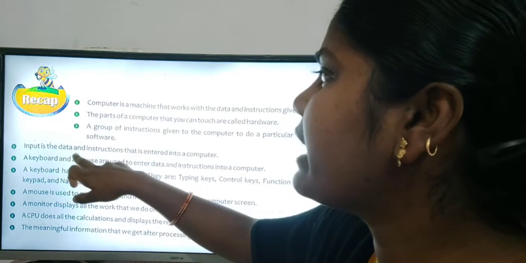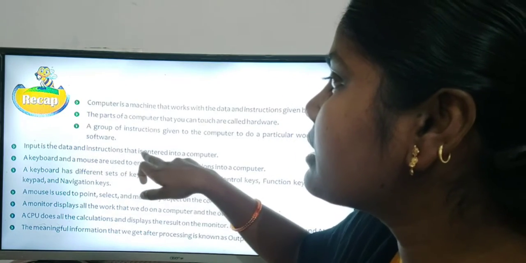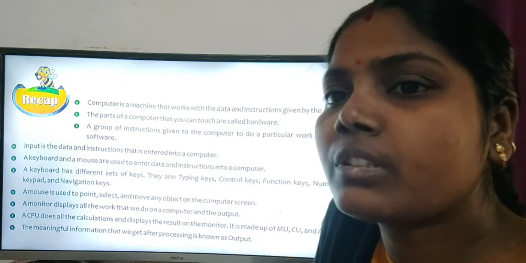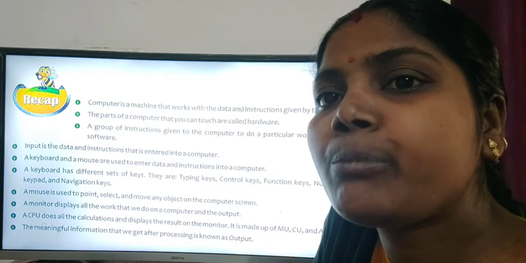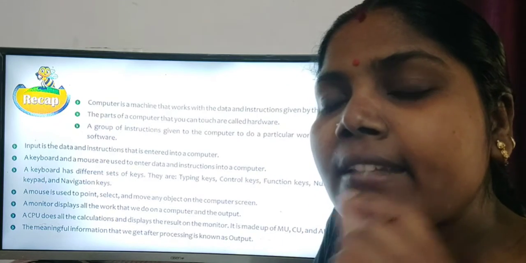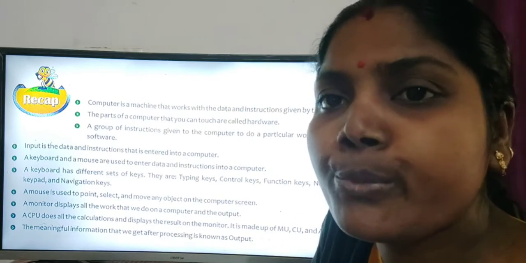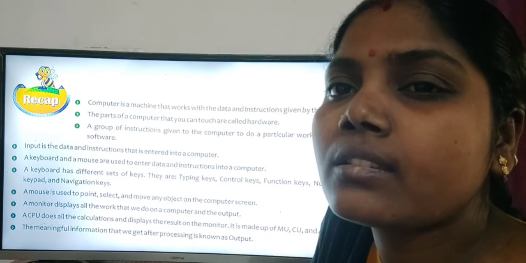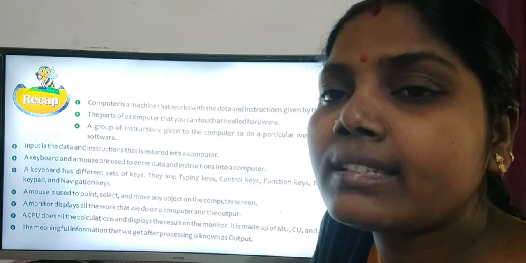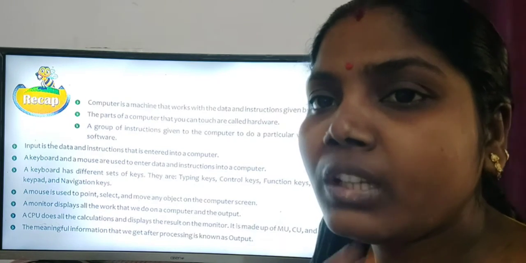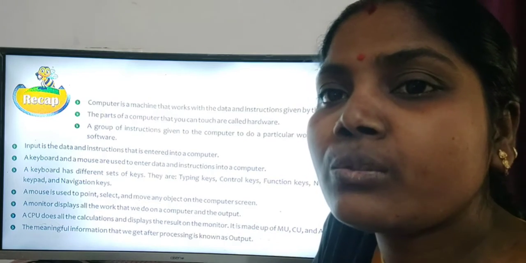Input is the data and instructions that are entered into a computer. So now we are in IPO: input, process, output. We need the correct answers, we need the result. Then we have to give input, what information you need.